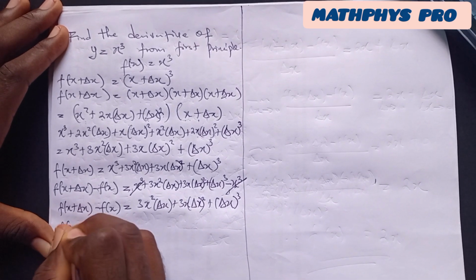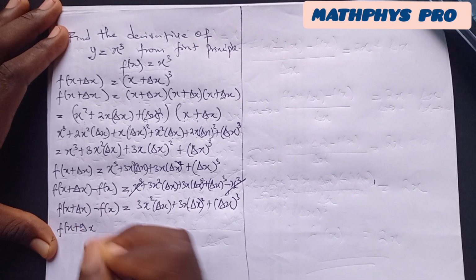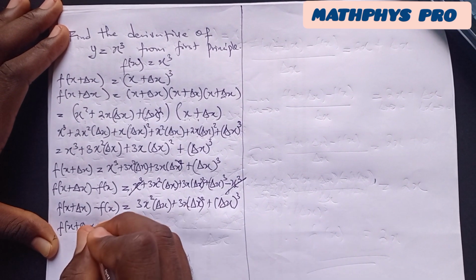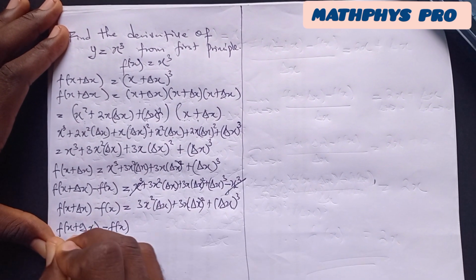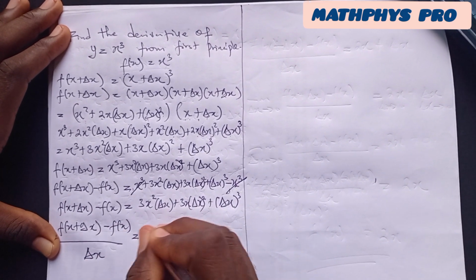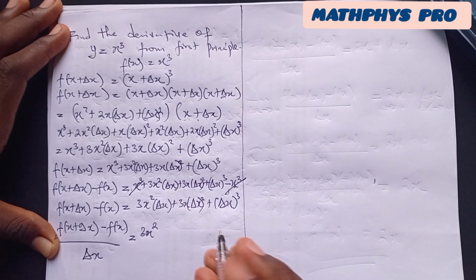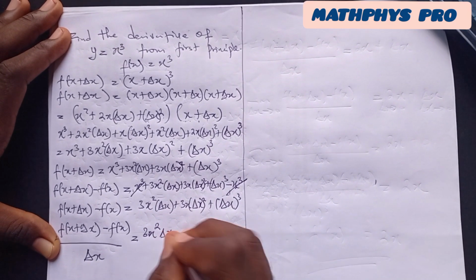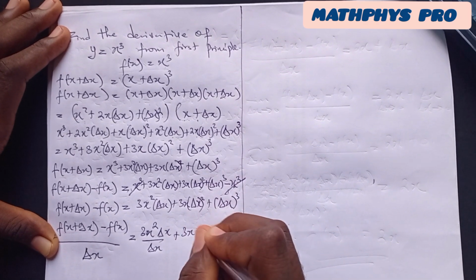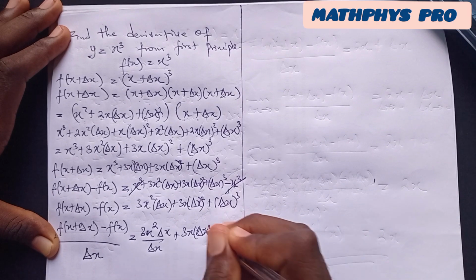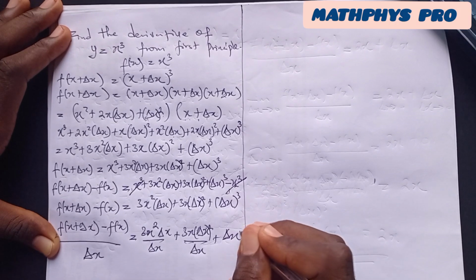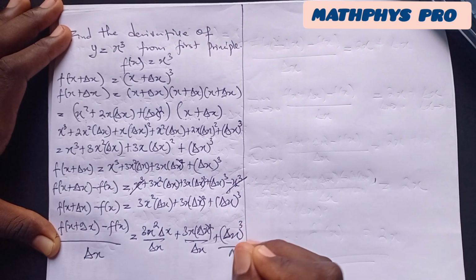So we have f of x plus change in x minus f of x, divided by change in x, equal to 3x squared change in x over change in x plus 3x change in x squared divided by change in x plus change in x cubed divided by change in x.